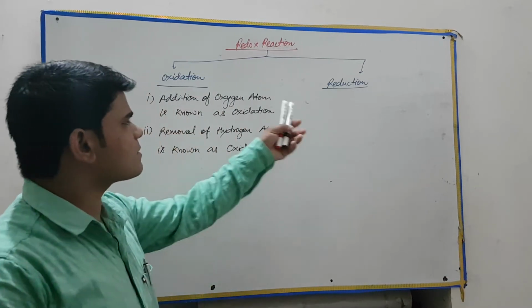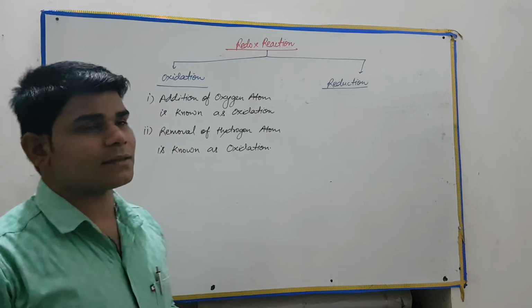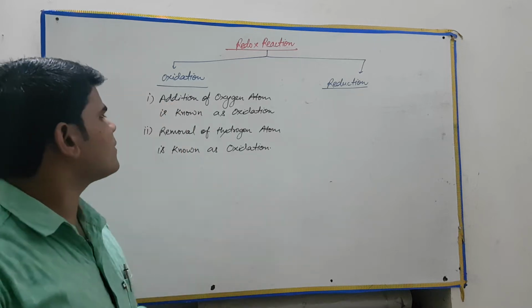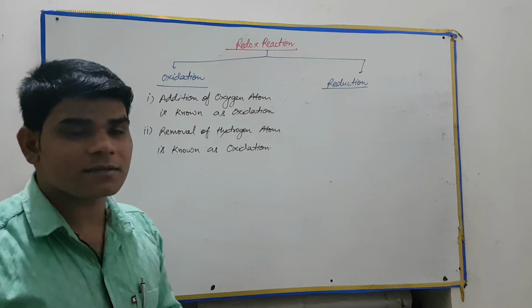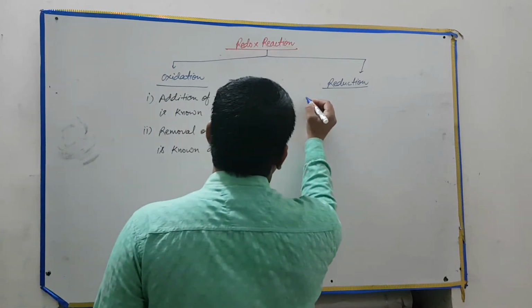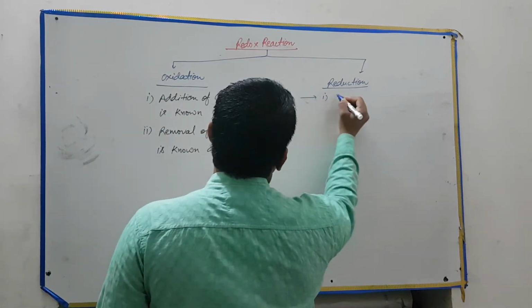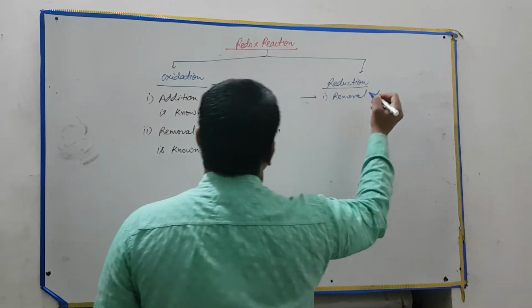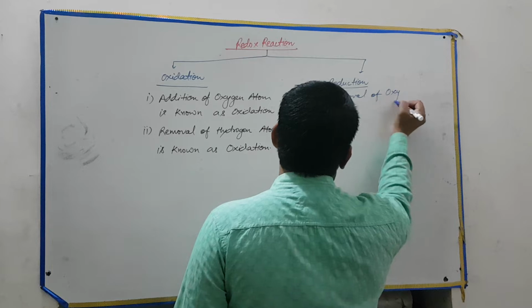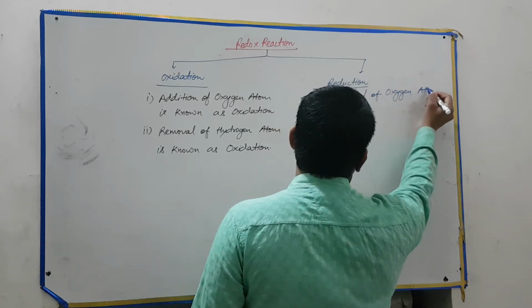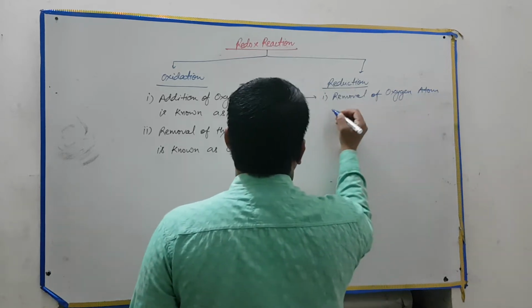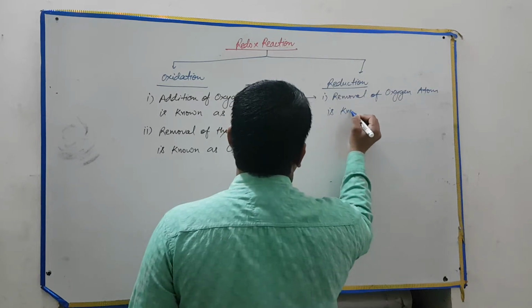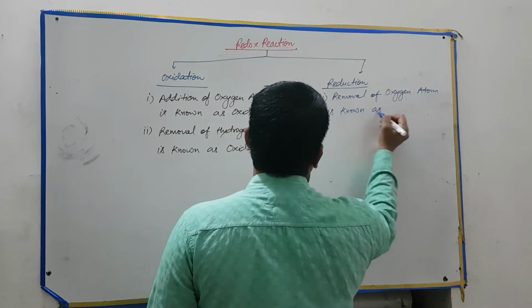These are the two points of oxidation, and the same for reduction. But remember, reduction is the reverse of oxidation. Addition of oxygen atom is oxidation, but removal of oxygen atom is known as reduction.